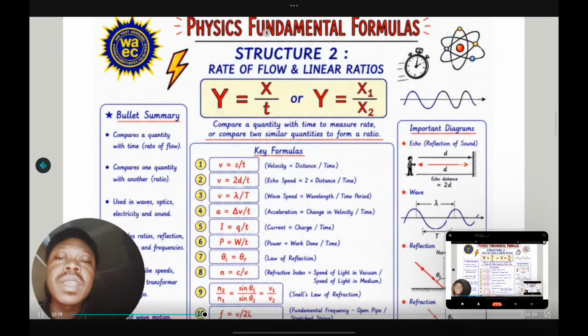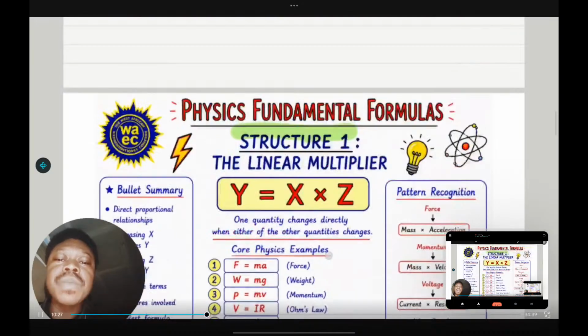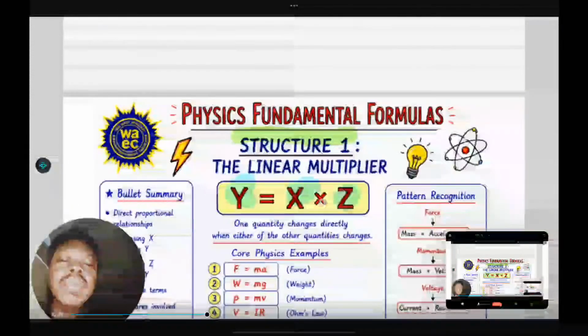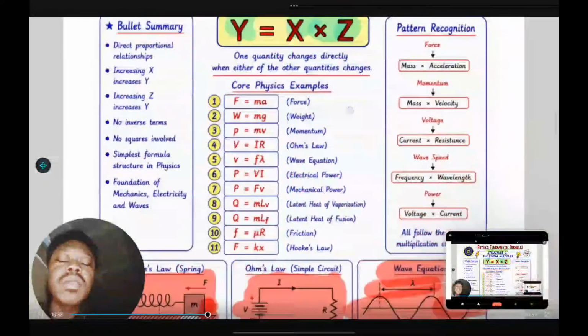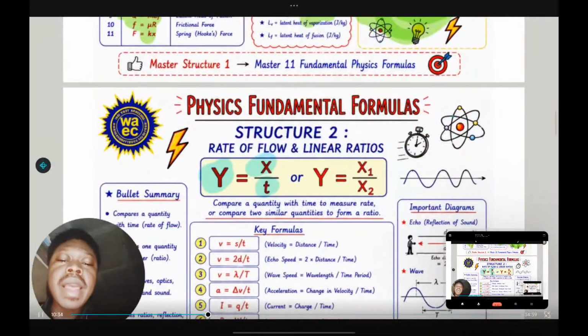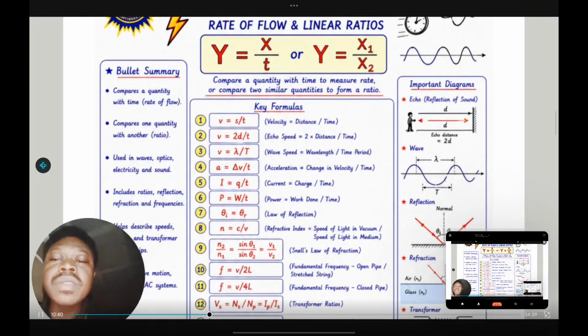If you are with me, please identify. You can see the structure, they are always in 3s. As we go back to the first one, you can see they are in threes, separated by multiplication sign. This one is separated by division sign. Once you see these secrets, memorizing physics formulas becomes so much easier.